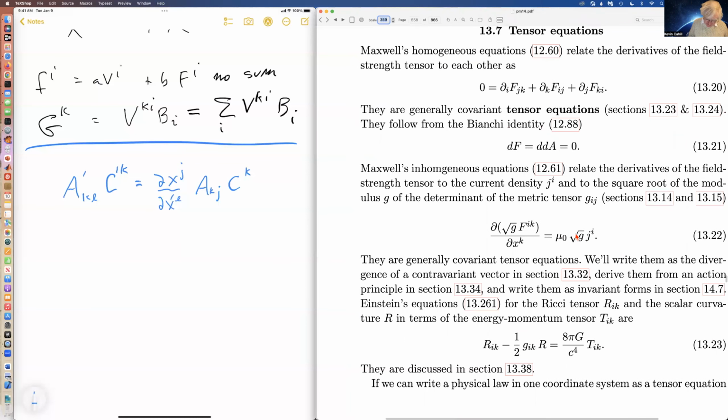Now, what is square root of g? Well, g is the metric of space-time, so it's the absolute value of the determinant of the metric of space-time.